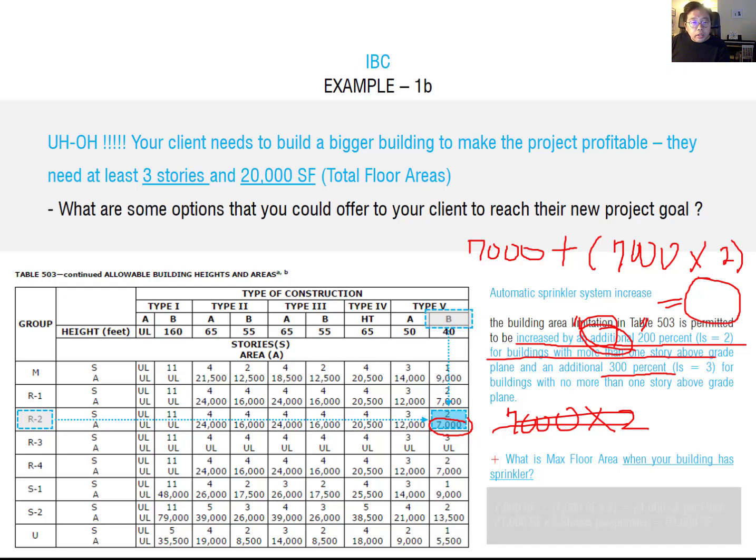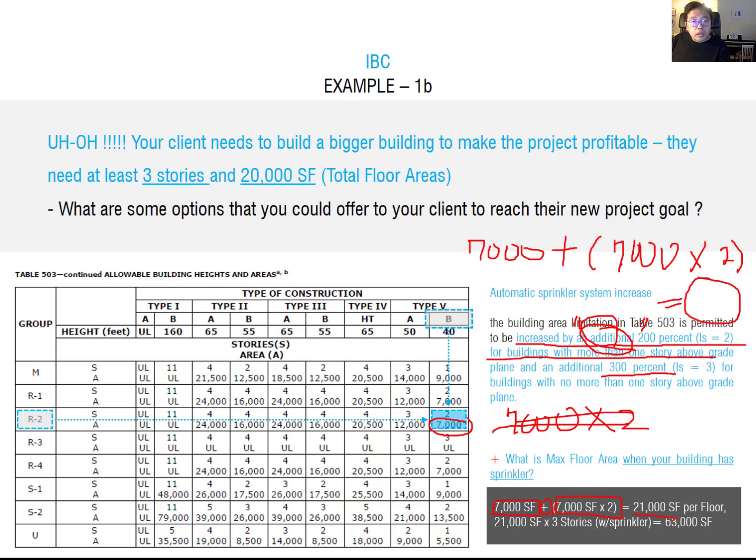Here 7,000 is the original area found from the table, which is the non-sprinkler building system. But when you're having the sprinkler system, you can increase an additional 200% from here, where additional means you have to add, and now you can build up to 21,000 square feet per floor.